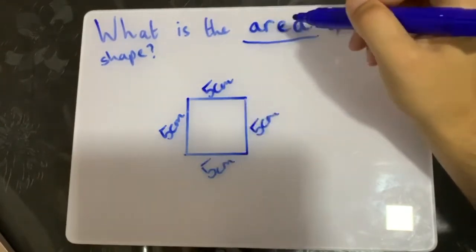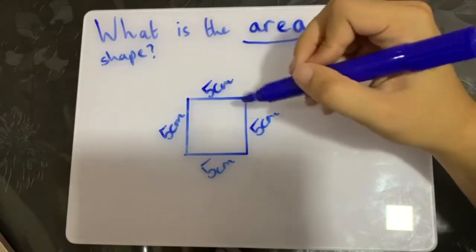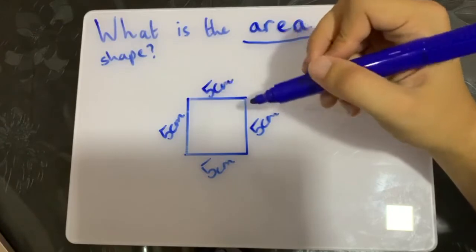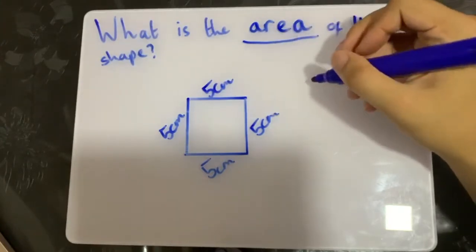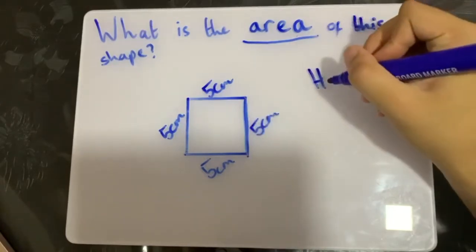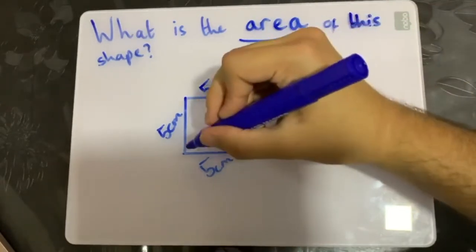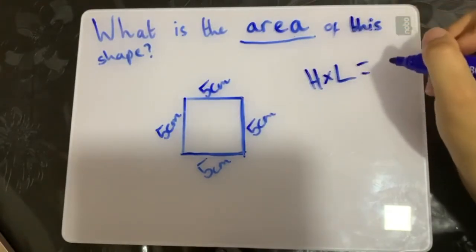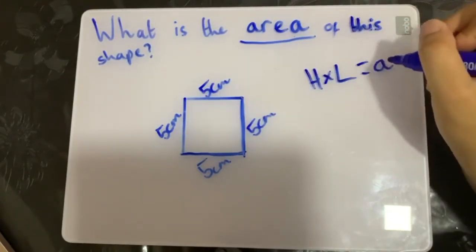And to find the area of a shape, if it's a square, all I need to do is do 5 times 5, because you need to do the height of a shape, which is this line here, and the length of a shape, which is the horizontal lines, times by each other, and then whatever your answer is, that is what your area is.